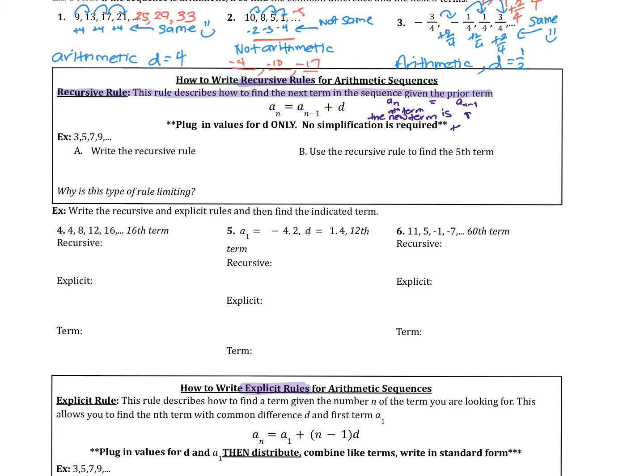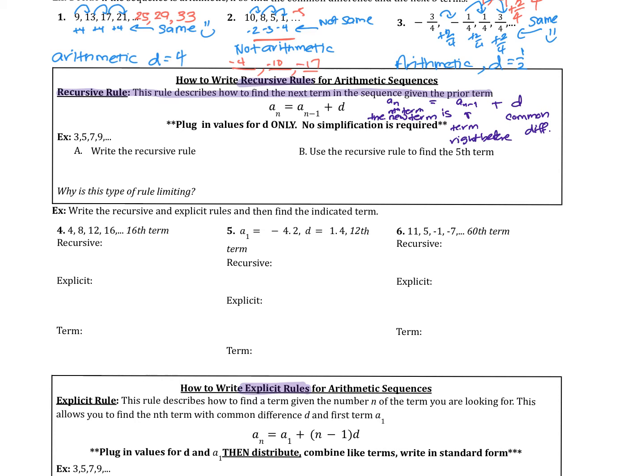This means the term right before, plus d, which is our common difference. So think about what this is saying. This is saying to get the next term, a sub n, take the term right before it, a sub n minus 1, plus the common difference.